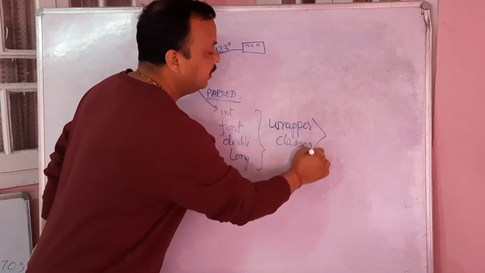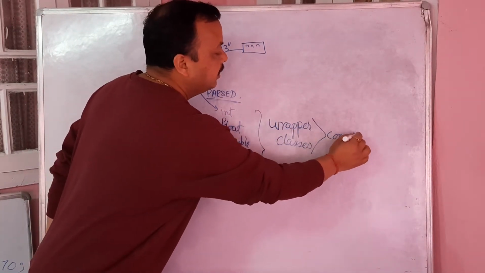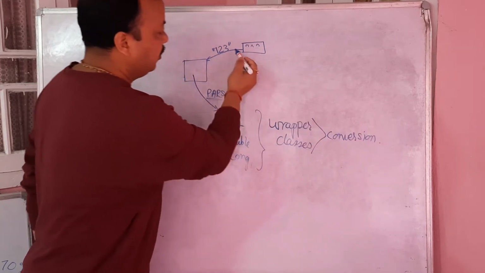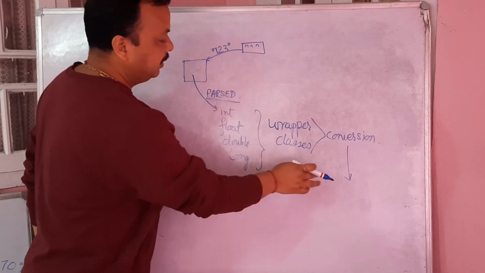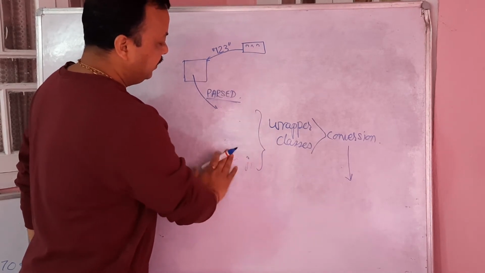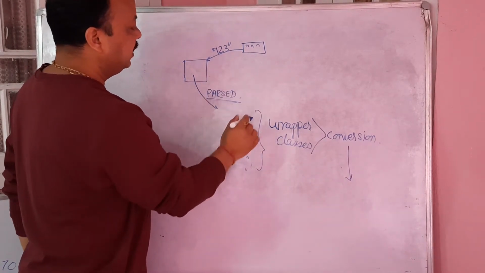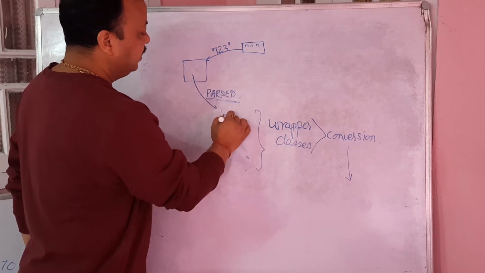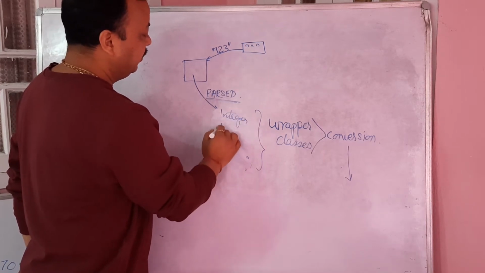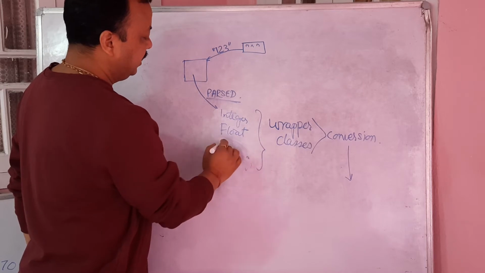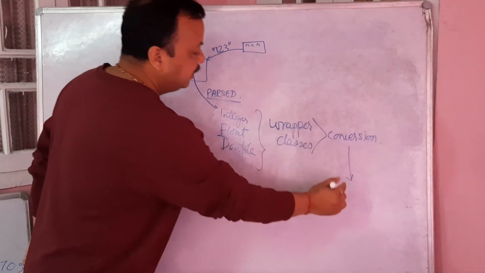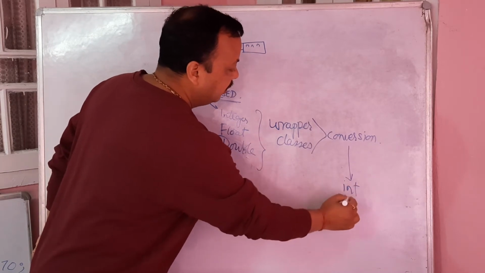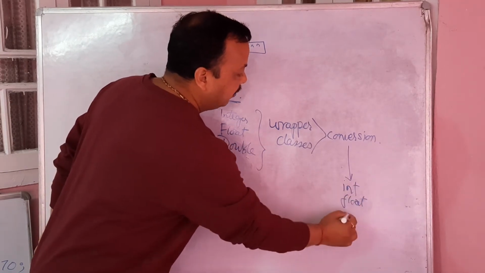They will convert whatever raw form has come into the appropriate type. So here I'm erasing this and writing that first you will use the integer wrapper class, or the float wrapper class or double wrapper class, and then convert it to int or float or double.